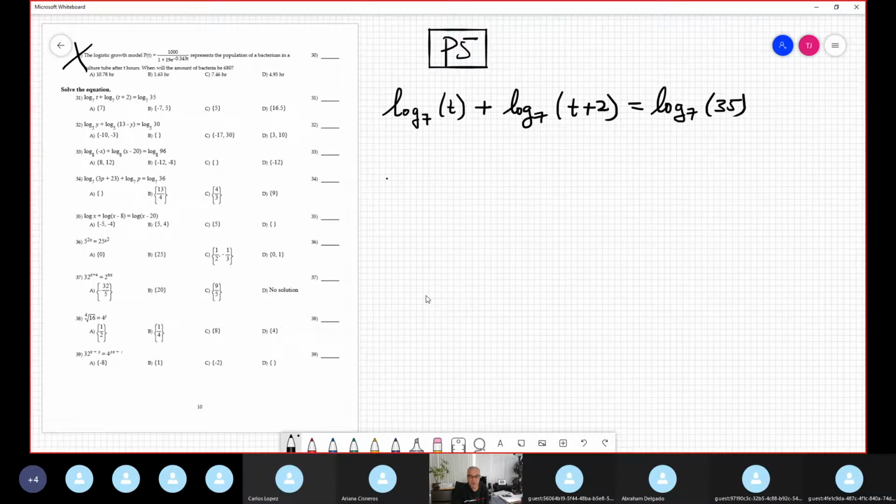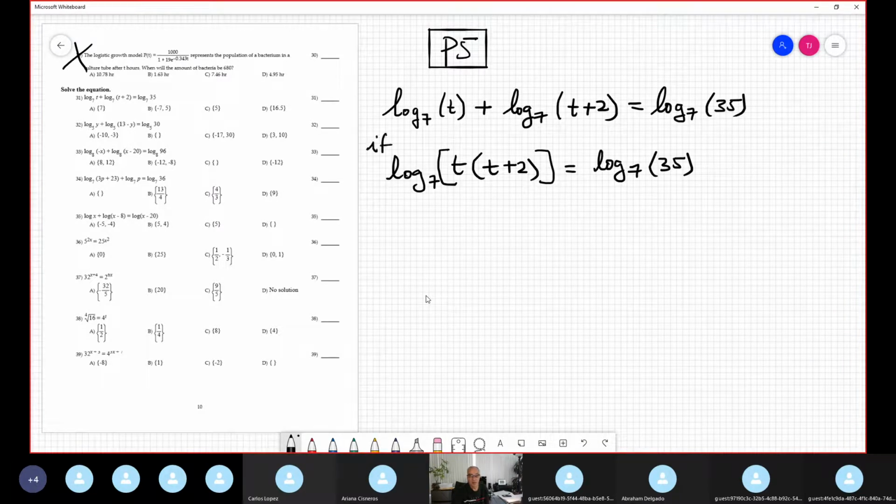The multiplication is the logarithm base 7 of t times t plus 2 equal to logarithm base 7 of 35. In that moment, similar to what we did with exponentials, you have two logarithms with the same base, so the arguments are the same. And you put t times t plus 2 equal 35.